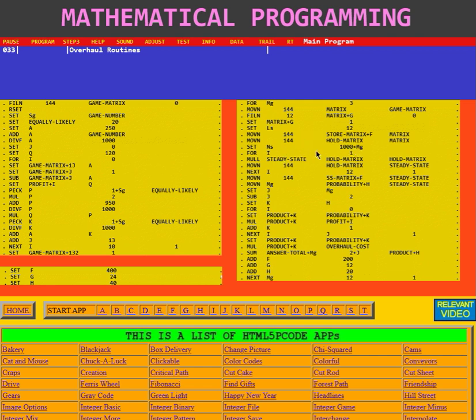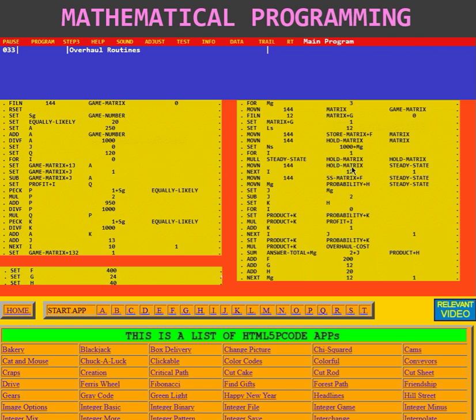So the 3 in there is just going to be that it's a 3 by 3 matrix. Then it says for I of 1 to next I 12, I'm going to multiply the whole matrix times the whole matrix to get the steady state matrix. But then I'm going to move that steady state matrix to the whole matrix, and then I'm going to go around here 12 times. It's going to raise that matrix to 2 to the 12th power, or 4096 power of the matrix.